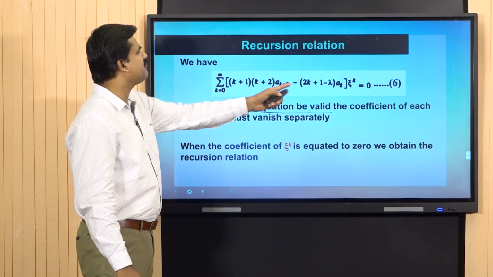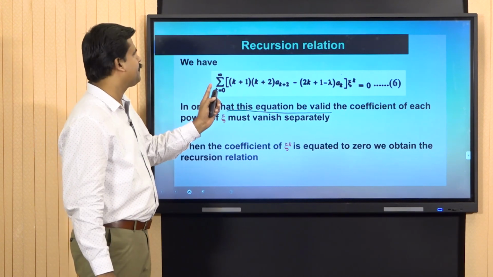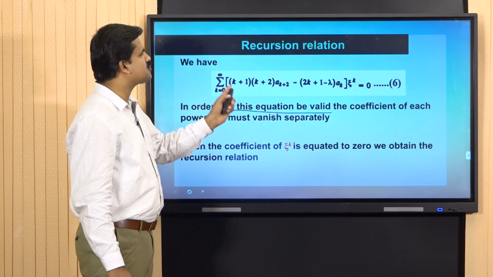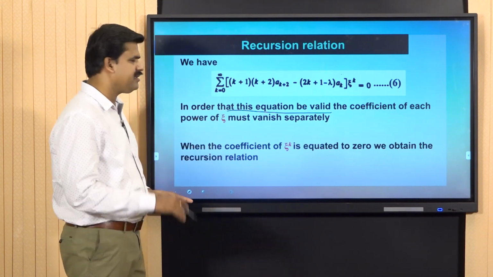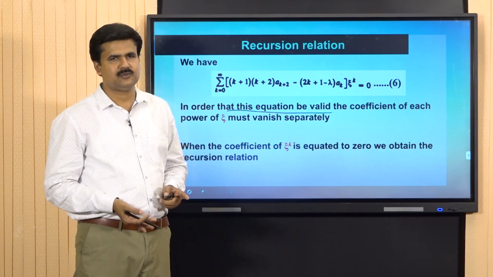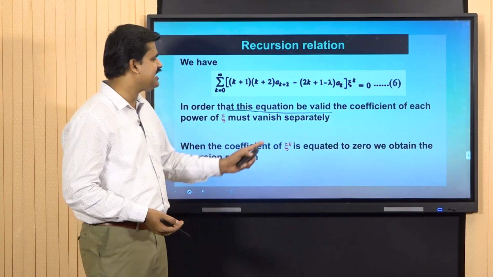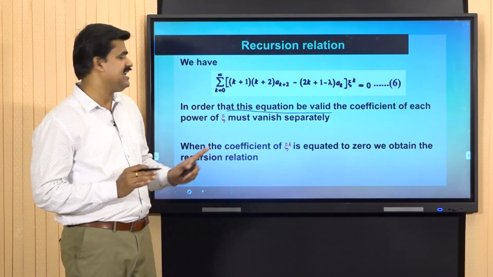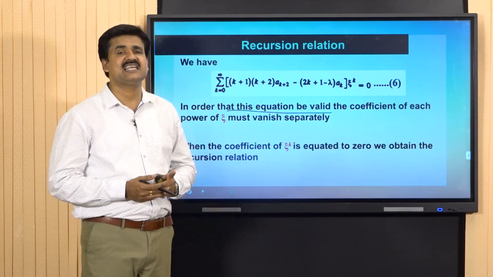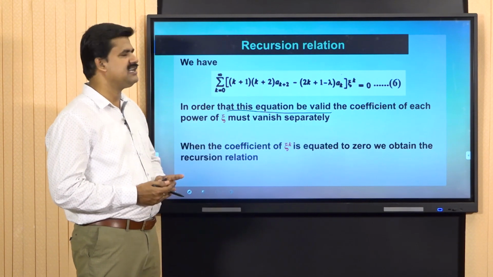That is, k plus 1 into k plus 2, ak plus 2, minus 2k plus 1 minus lambda, ak can be taken as 0. When the coefficient of psi raised to k is equated to 0, we obtain a mathematical relation called the recursion relation.